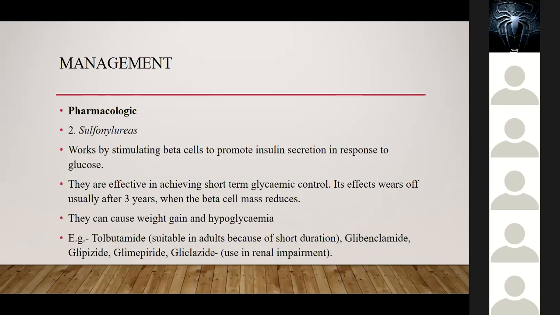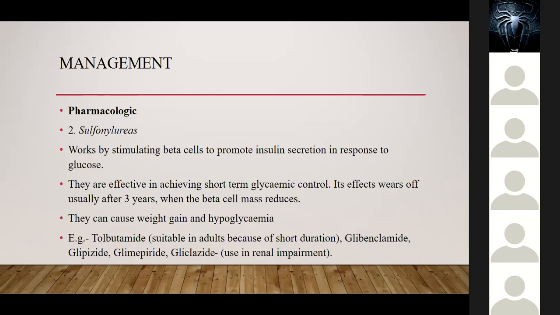So ideally, in managing our diabetics, once they go beyond 3 years, we have to review their medication, because the beta cell mass that you expect the sulfonylurea to stimulate to increase insulin production would have been depleted. So that is what we are looking at.